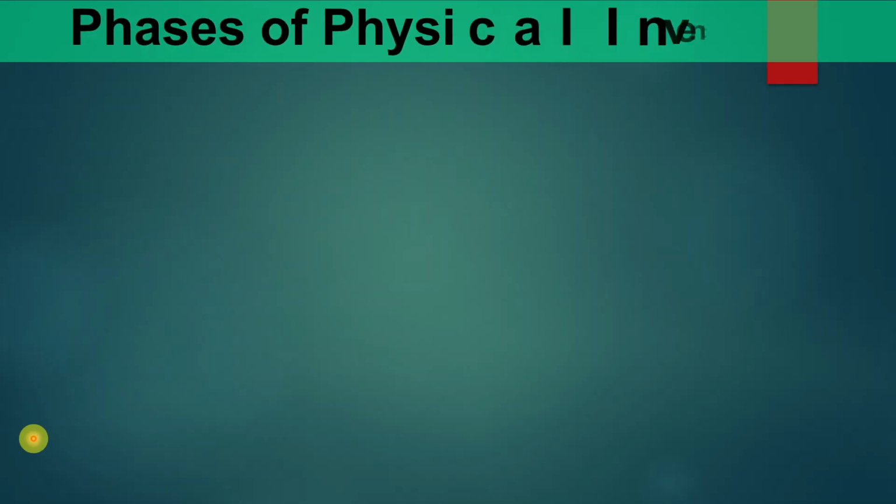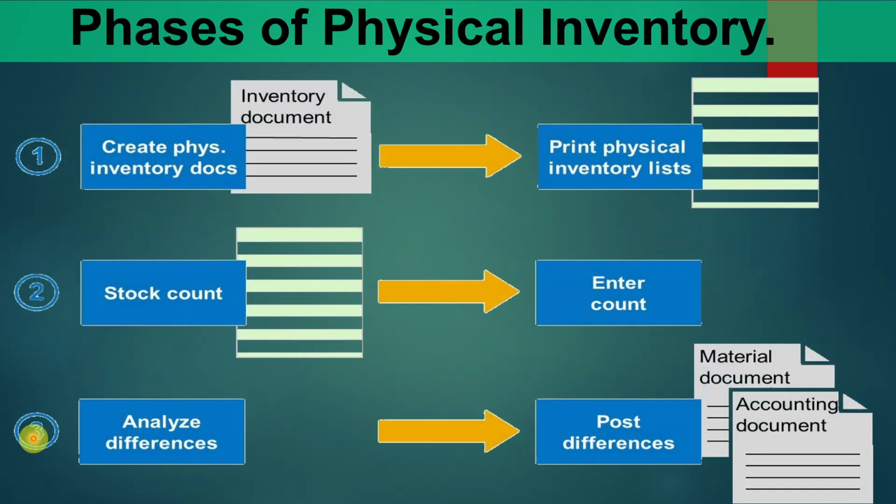Then next we will see phases in physical inventory. Whatever we saw happens on the ground regardless of whatever ERP they are using, and there are again phases in physical inventory. It doesn't matter whether you are using SAP or any ERP, or even register-based or paper-based small inventory companies.